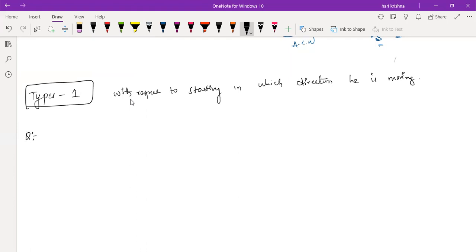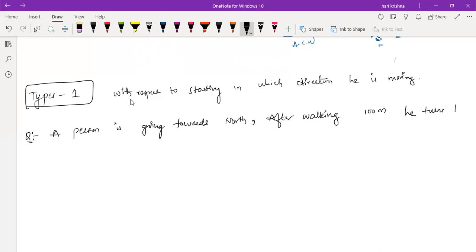So if you take example, a person is going towards north. You can also solve at the same time because these are the simple problems only. After walking 100 meters, he turns to his right and walks 50 meters.